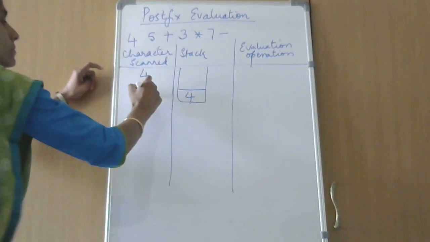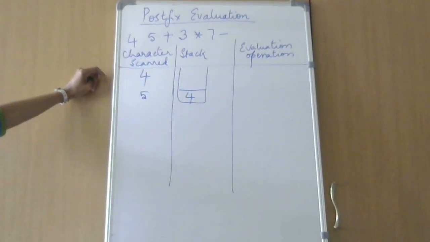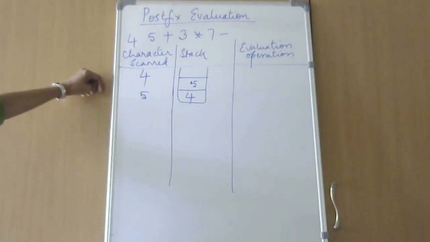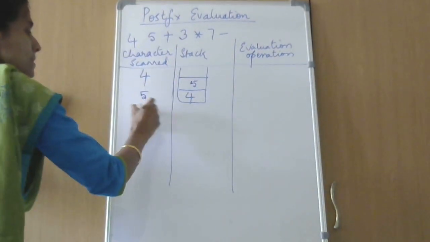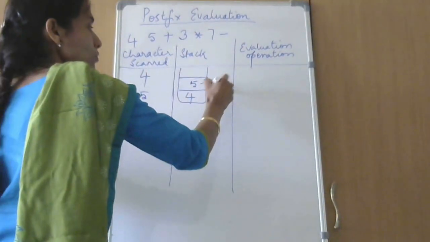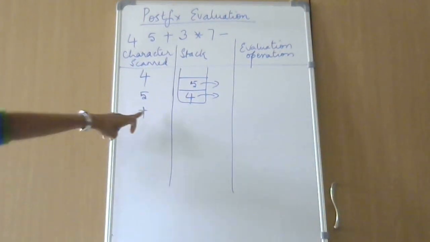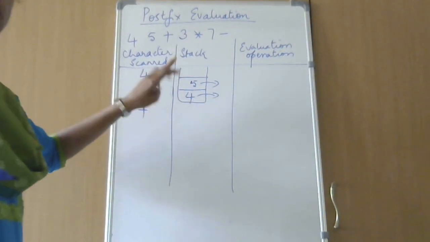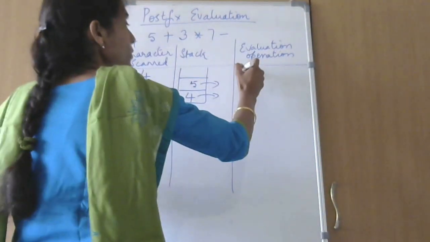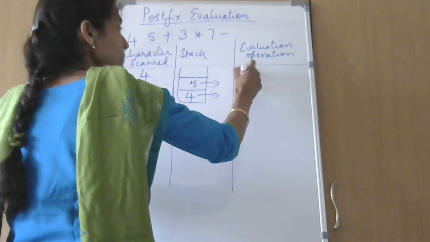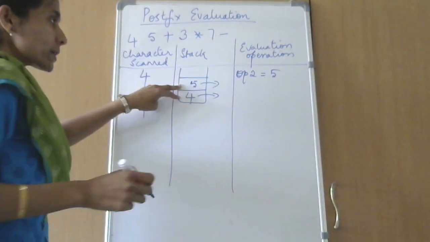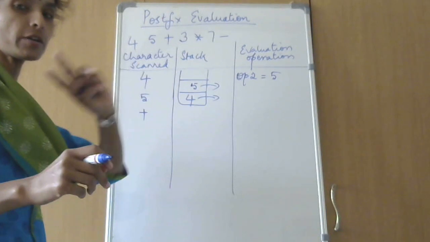Next character is 5. 5 is also an operand, so I'll simply push it onto the stack. Next is plus. Plus is an operator. So as I said, when you find an operator, you have to pop these two out, perform this addition on the popped out elements, and push the result back into the stack. So now I am popping out 5, let me call that operand 2. I am popping it out and storing it in two different variables.